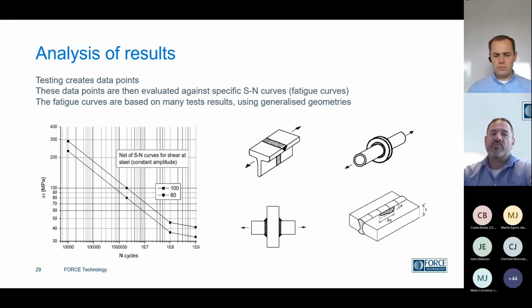There's a whole book full of these samples, and they plotted the results, and they said, okay, we can now standardize it, and we can create these specific fatigue curves or these standardized fatigue curves. And what we see here is we've got 100 and we've got an 80. If you look at the plot, you'll see there's a square with 100 and a circle with 80.